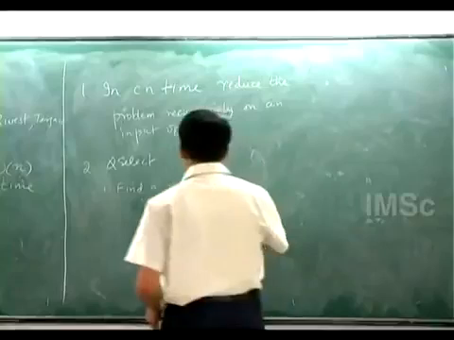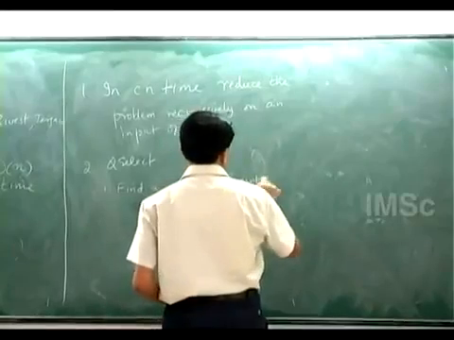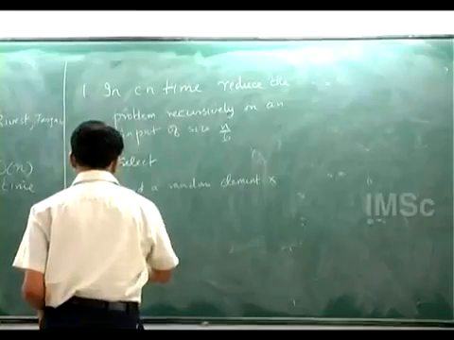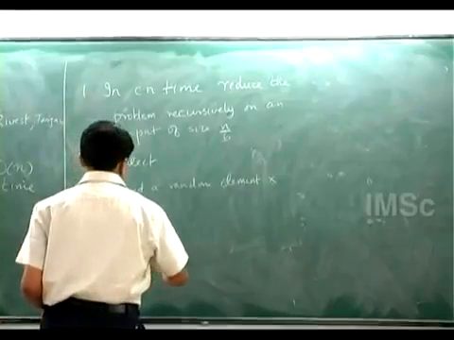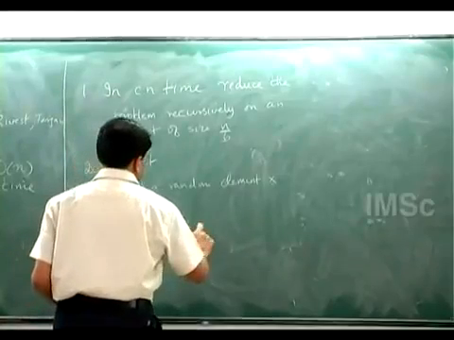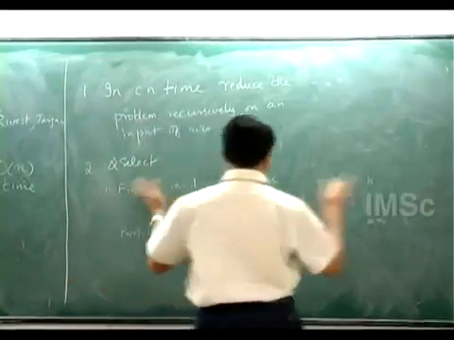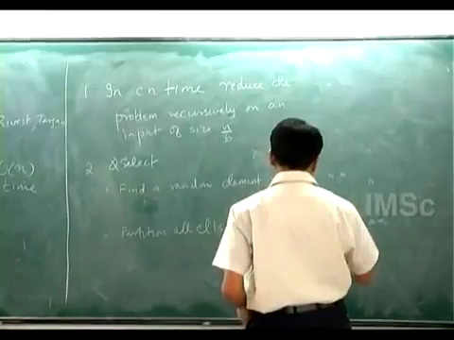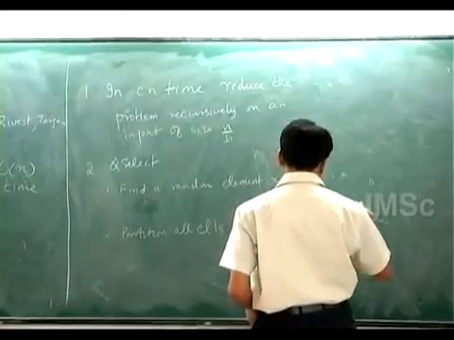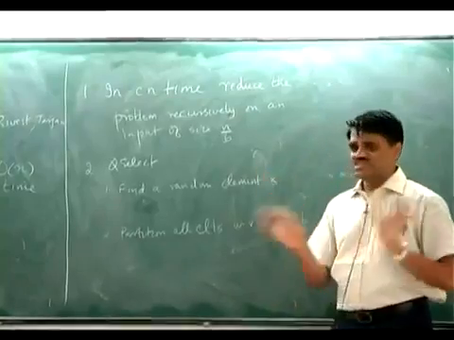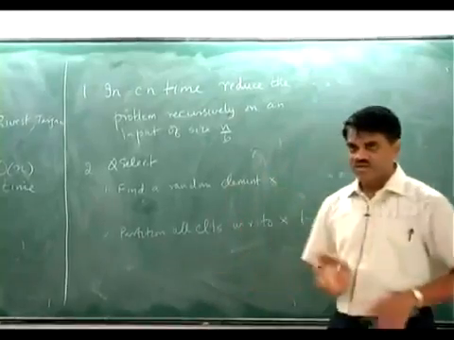So find a random element x. Partition all elements with respect to x. My entire list is split into L less than x, x, and L greater than x. Let's assume all elements are distinct, so you don't have to worry about tie breaking.